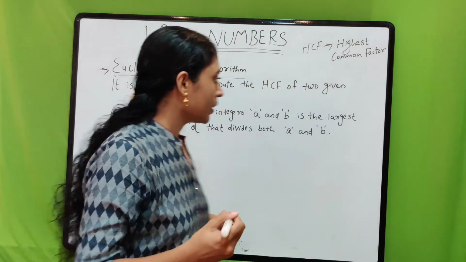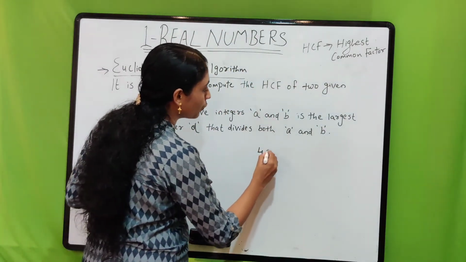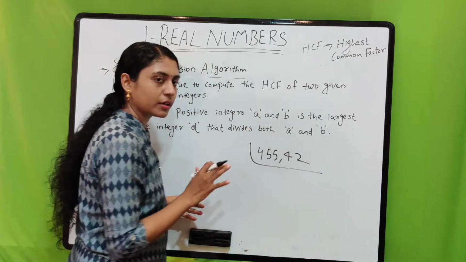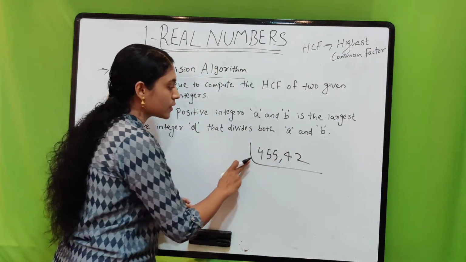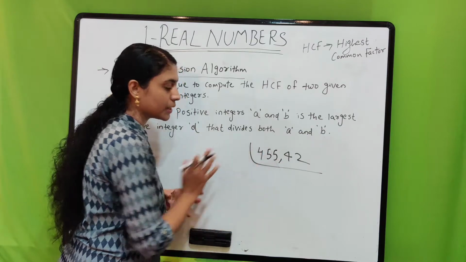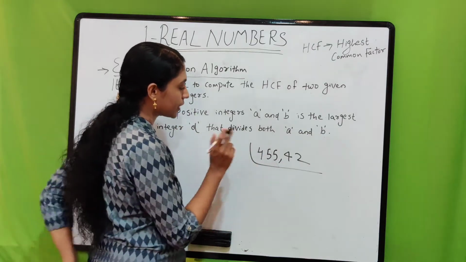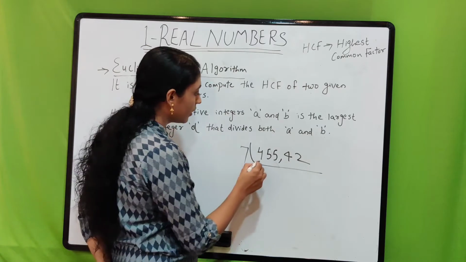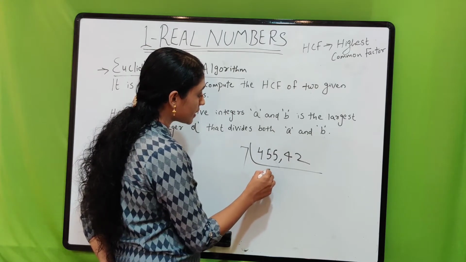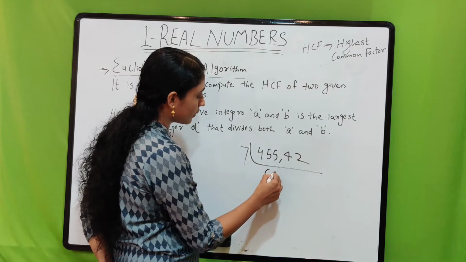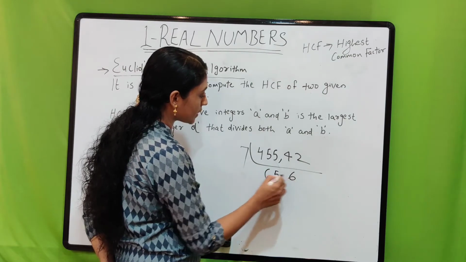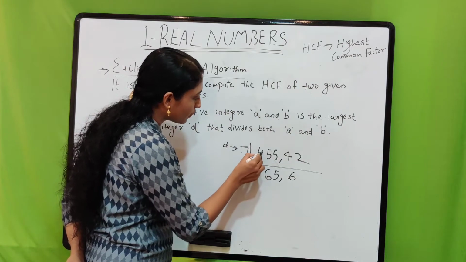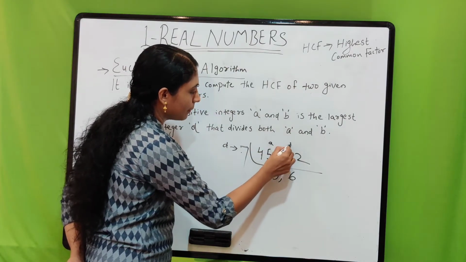For example, we have to find the HCF of 455 and 42. In the normal method, in our lower classes, we studied how to find the HCF of these two numbers, using 7, okay? 7 6s are 42, and 7 5s are 35. That means this 7 here, D is 7. This D divides both A and B. Understood?